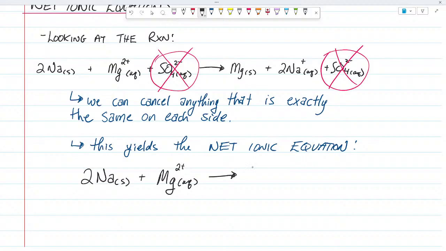You'll get solid magnesium, and the sodiums will become ions. That is what is actually happening in a single displacement reaction.